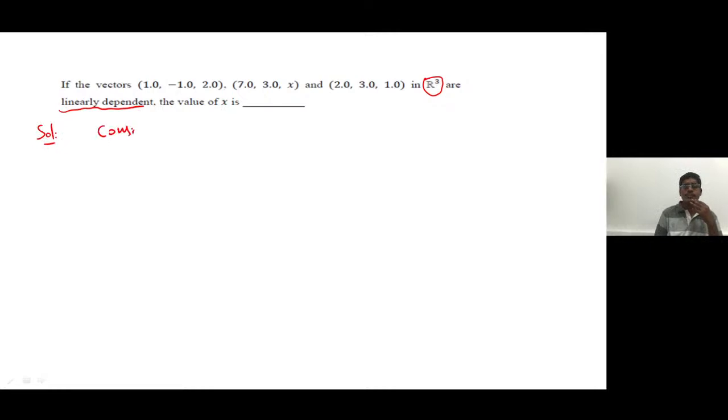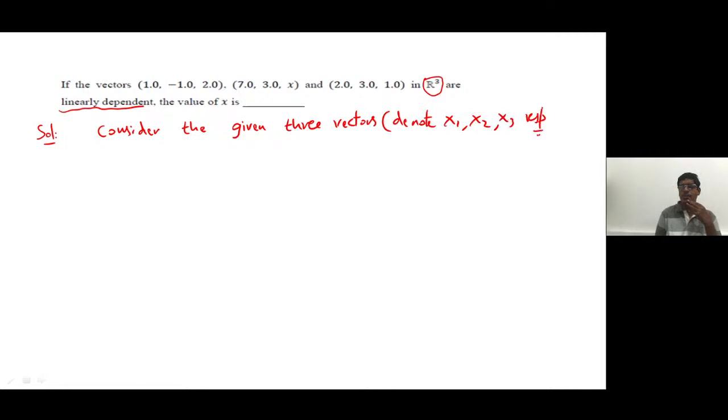Consider the given 3 vectors, denote x1, x2, x3 respectively, as rows in a matrix A.